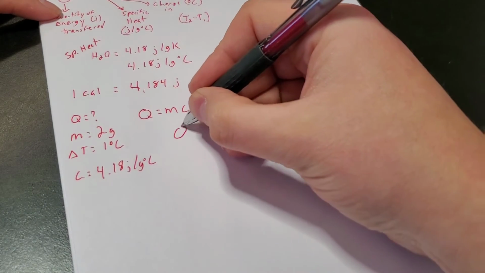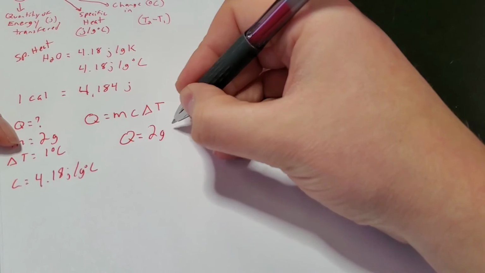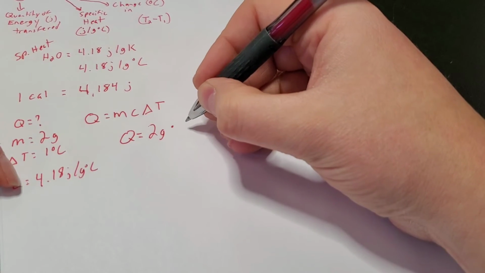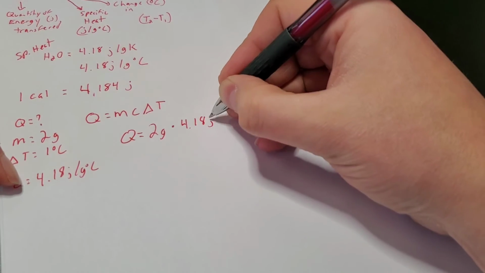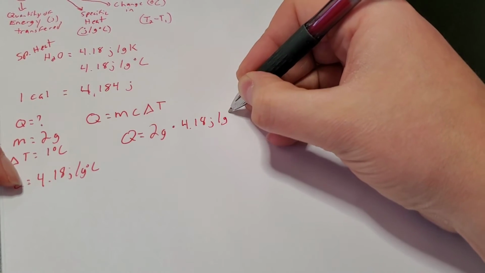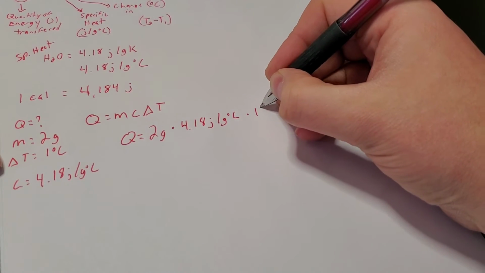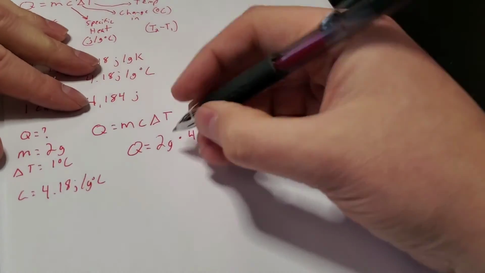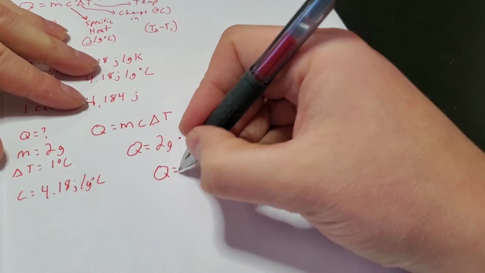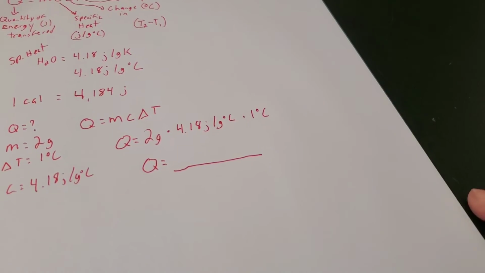So when I plug that in, Q equals M, 2 grams, times C, 4.18 joules per gram degree Celsius, times 1 degree Celsius. Q equals, your turn.